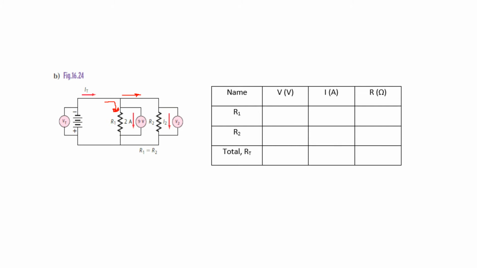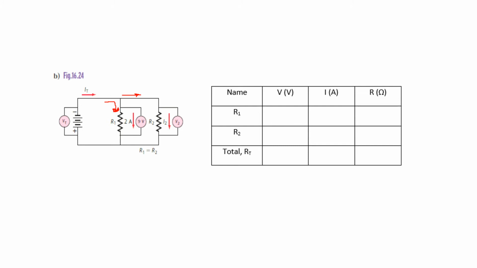If I have 200 people here, 100 can go here and 100 can go here, or 50 here and 150 here, but the same people can't go in both directions. That's why in a parallel circuit, your current will divide. So you will never have equal current, as you did for the series circuit. But what you can have in a parallel circuit is that voltage is the same.